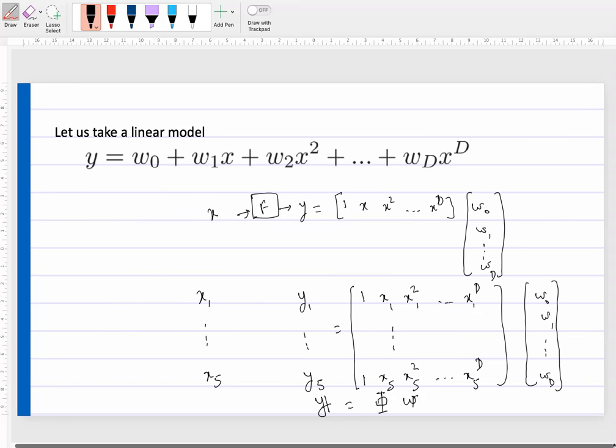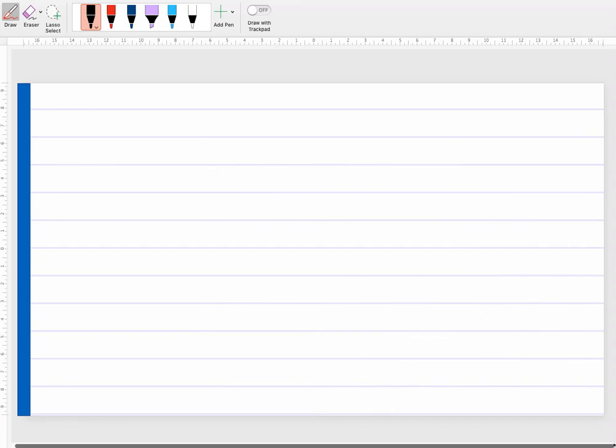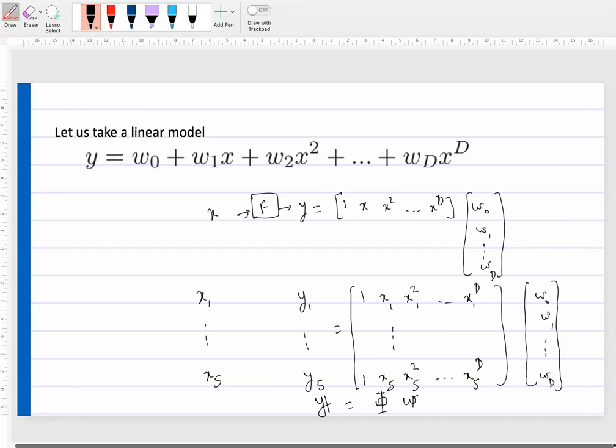Okay. I won't go to my slides yet. So here we have represented y in this form. Now let us assume that capital D is 4. How many unknowns do I have? How many unknowns are there?